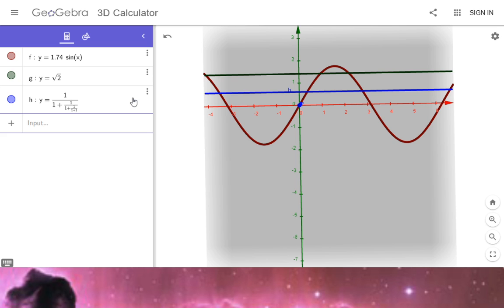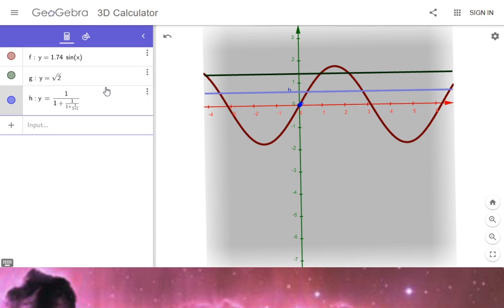Okay, now you see that blue line? It's moving up. Divided by 1 plus 1. It keeps getting closer and closer and closer.